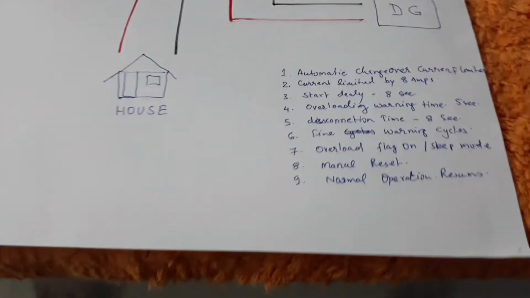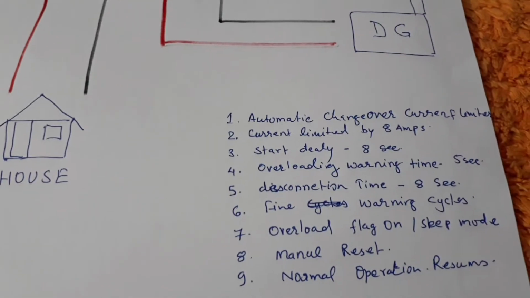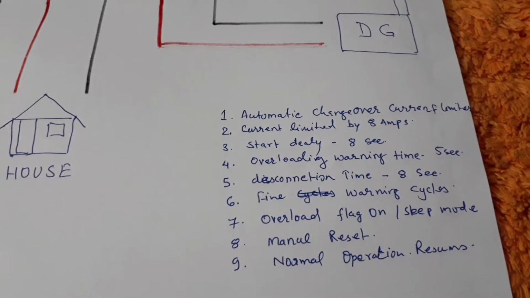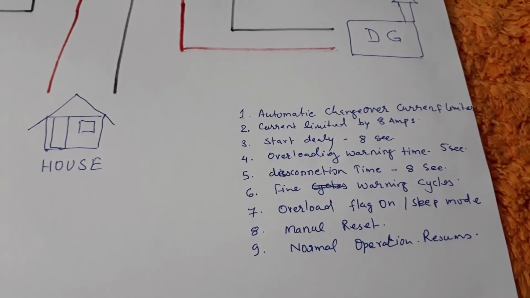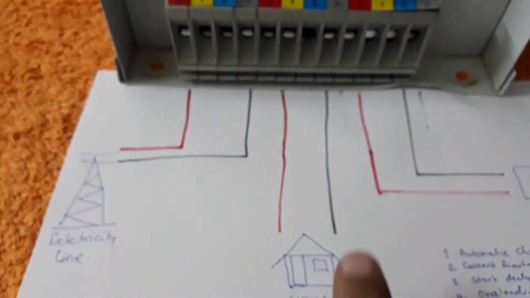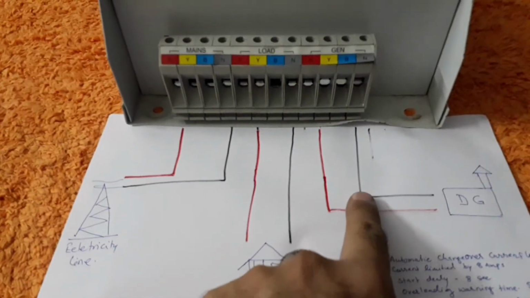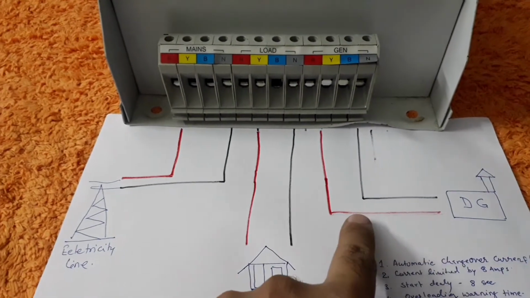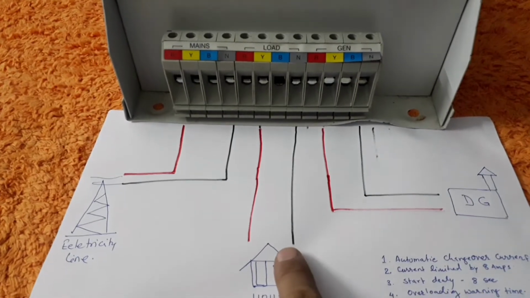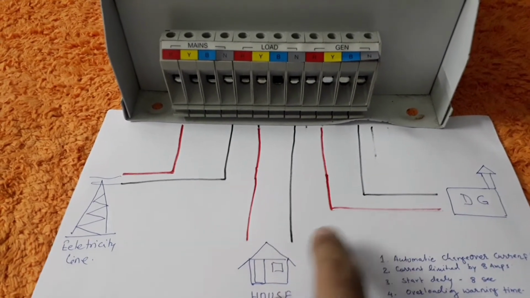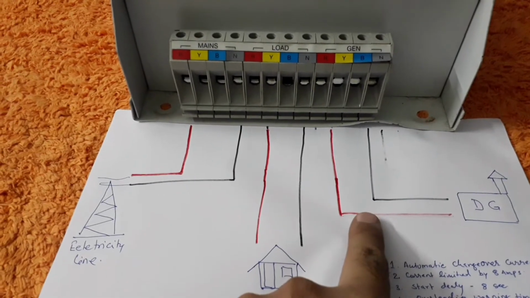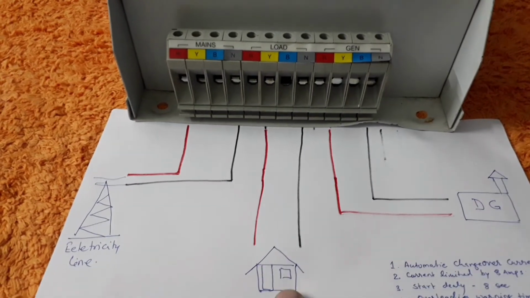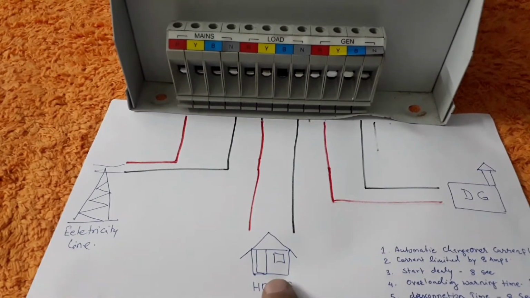So here are a few points. When the power goes off, ACCL connects our house to the DG line, and as per the programming of the ACCL, it takes about 8 seconds to connect the DG to the load or house.